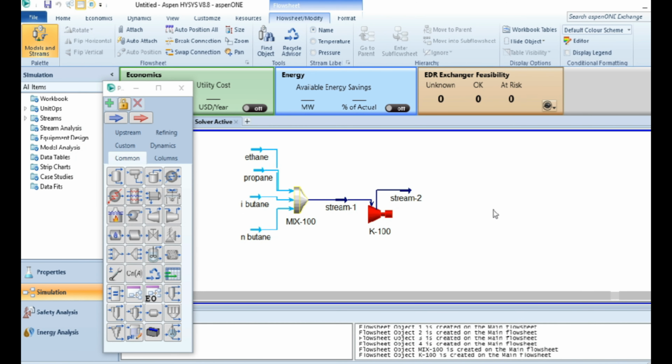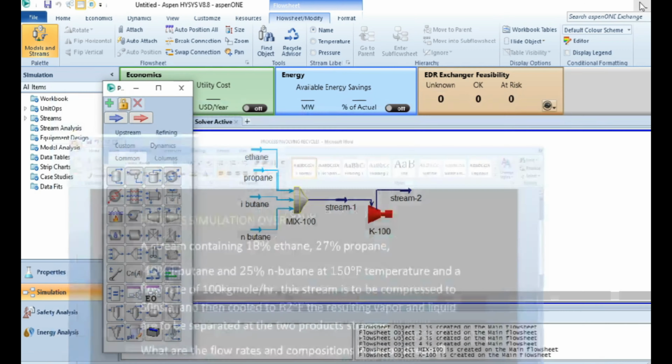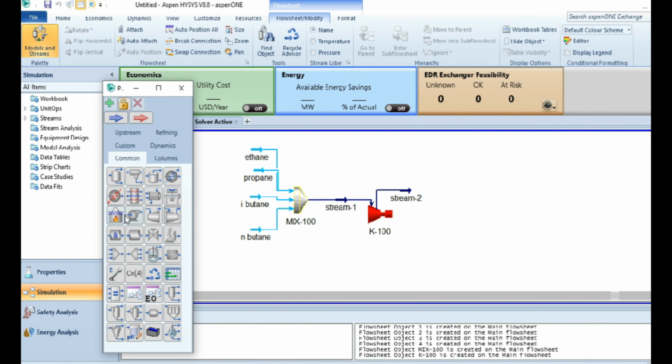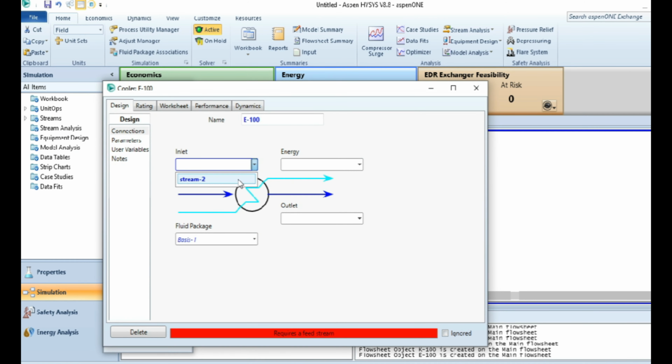After this, the stream is cooled to 82 degrees Fahrenheit. So I have to look for my cooler. This is our cooler. Let's call it stream 3.